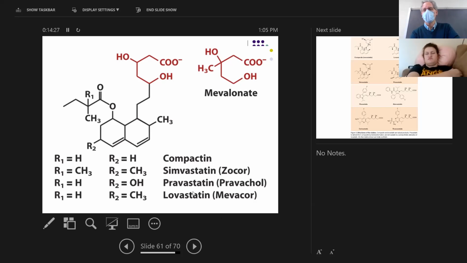Then that was followed by the release of simvastatin, which is under generic, but gets called Zocor in its labeled brand, and then pravastatin or Pravachol, which has the hydroxyl group right here. These are all inhibitors of HMG-CoA reductase, so they decrease endogenous cholesterol synthesis.